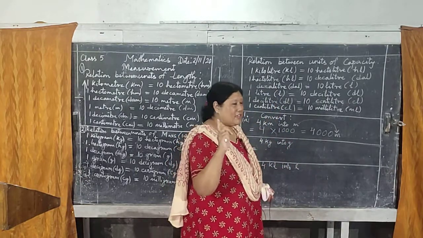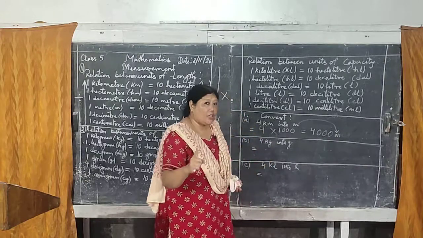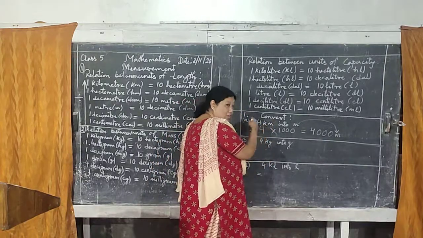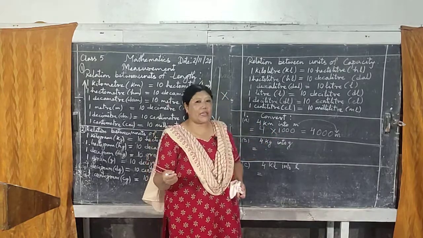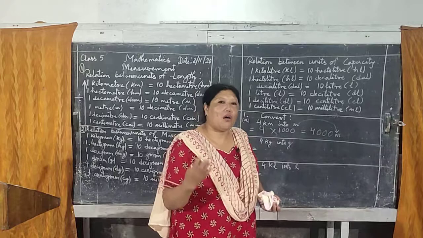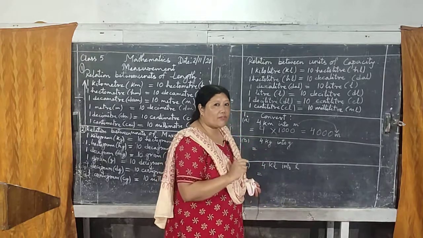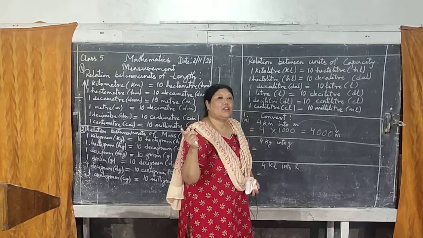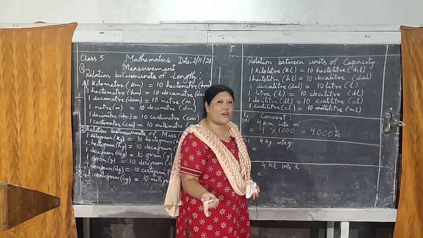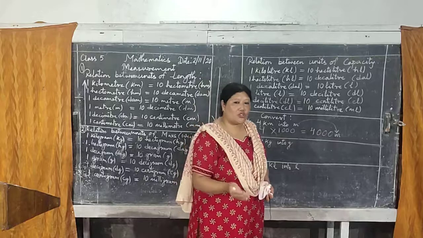Now again, I'll tell you again. This is your conversion question. You have to convert 4 kilometer into meter. 4 kilometer means how many meter? Okay. What do you have to do? That question, write it here. And now what do you have to do? Multiply or divide? Find out. Bigger to smaller.